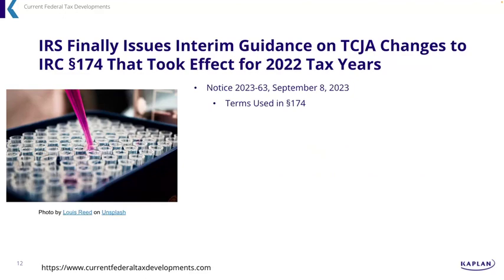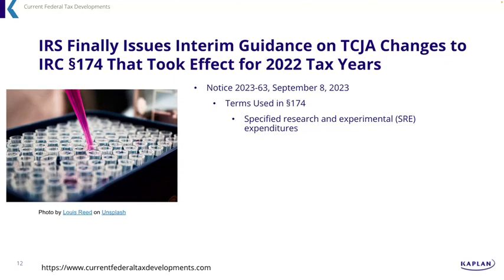Now, there are some definitions for terms that are used in Section 174, right? A specified research expenditure is essentially research or experimental expenditures as we define them, generally under Old 174 and the rest of this notice, which are paid or incurred by the taxpayer during this taxable year in connection with the taxpayer's trade or business.